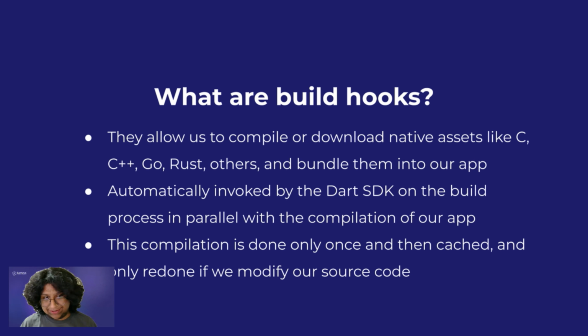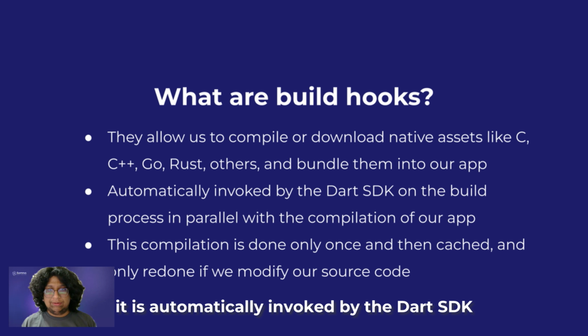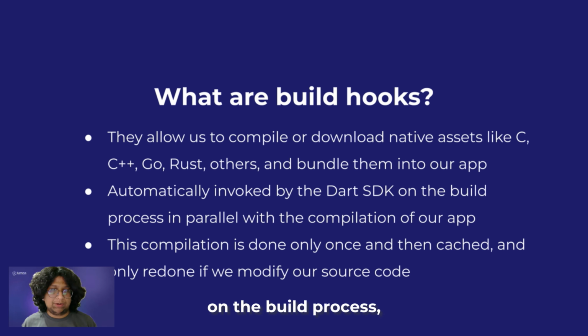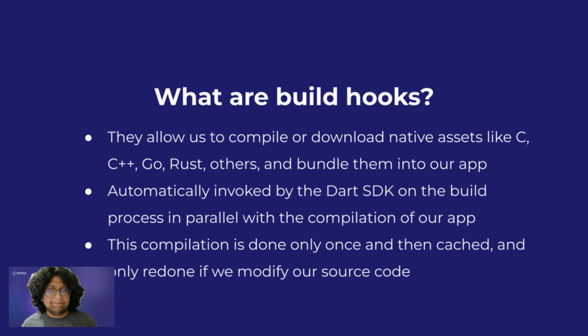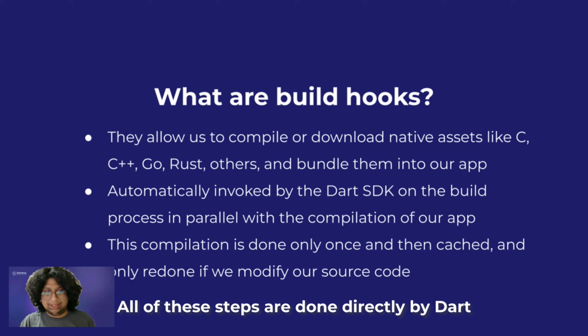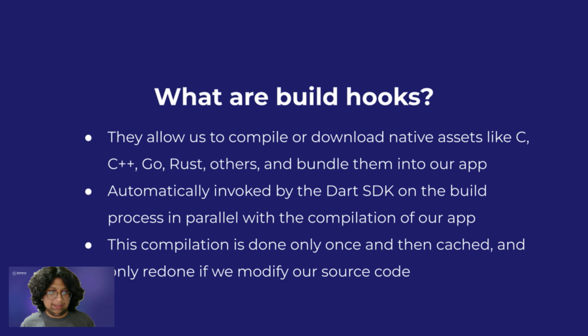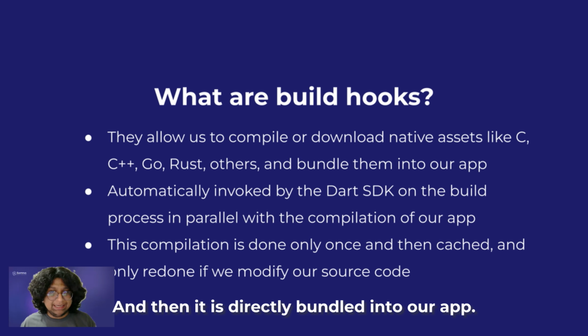So it's a lot. And now with build hooks, it is automatically invoked by the Dart SDK on the build process, run in parallel with the compilation of our app. So now all of these steps are done directly by Dart using the build hooks. It is compiled on the target platform that we're compiling our app for, and then it is directly bundled into our app.